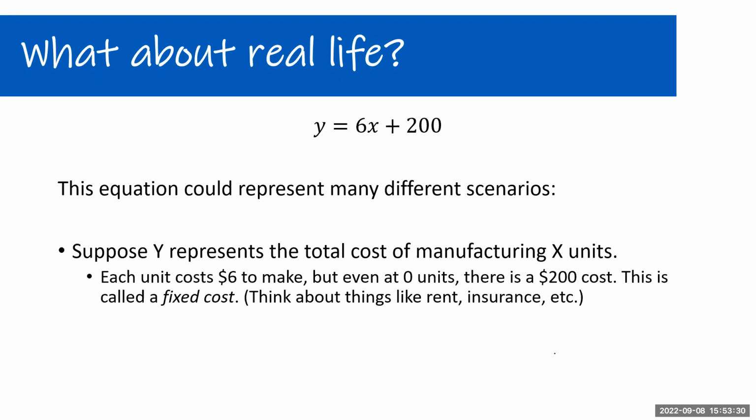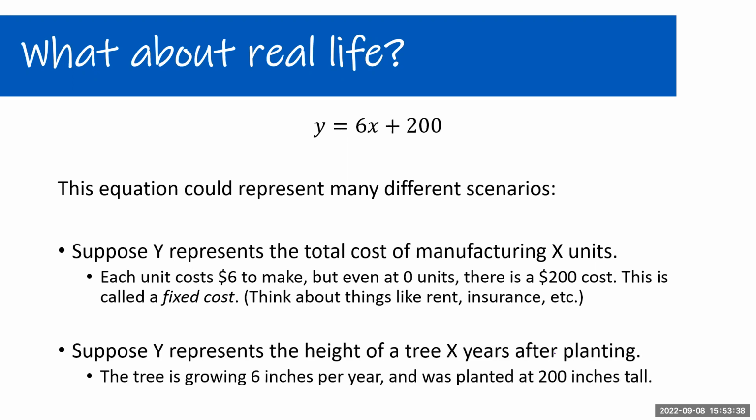I always like to think about this fixed cost as something like rent. You pay it no matter how many you make. Now, you could also think about that 6x, remember, is that each unit is costing $6 to make here. So your cost goes up $6 each unit, but no matter what, you pay $200.